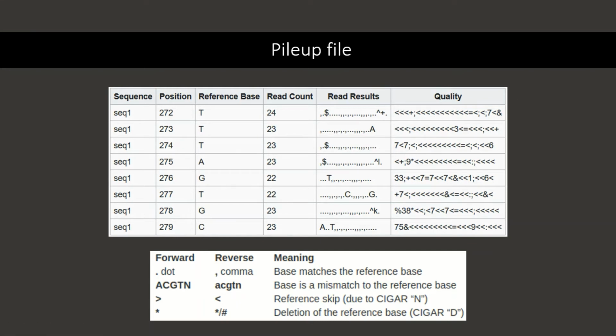Since reads are matched both in forward and reverse strand, signs for base matches and mismatches are a bit different. So here we have dot and comma, both mean the base is matching the reference base.